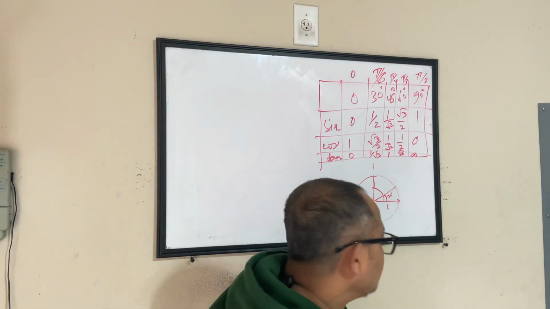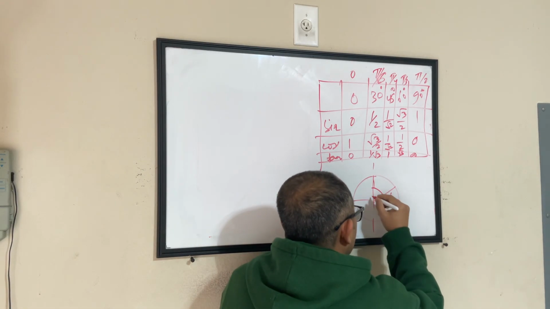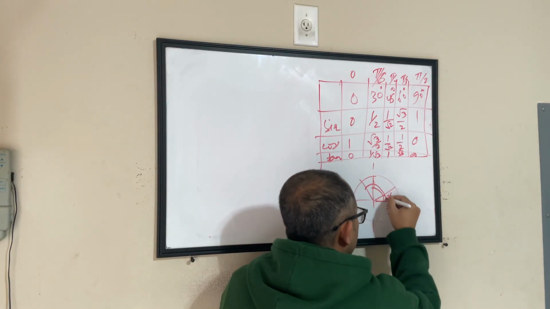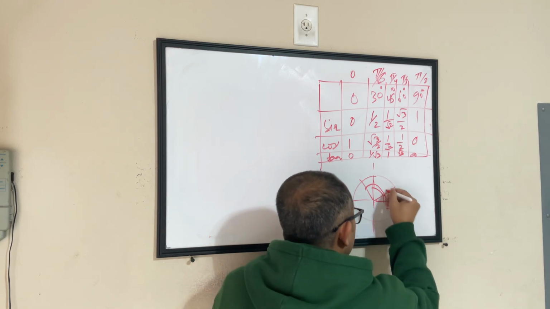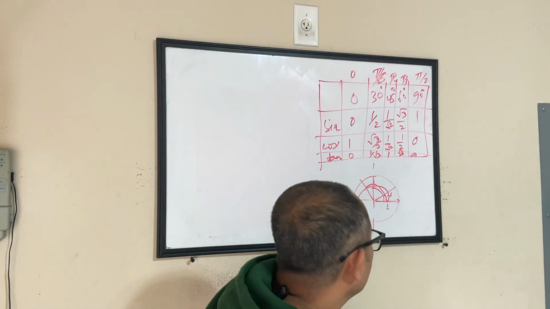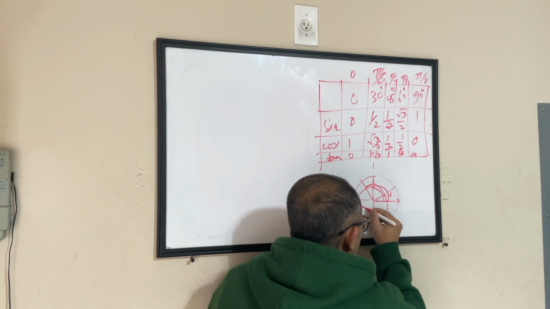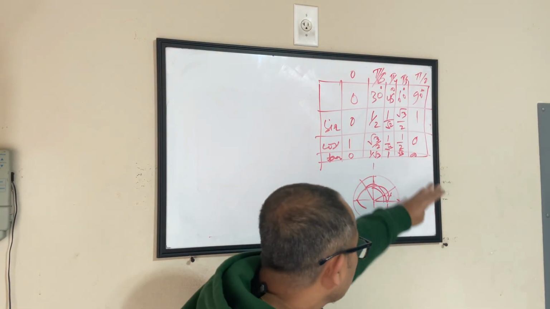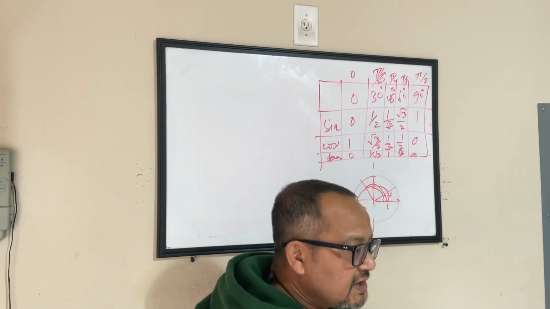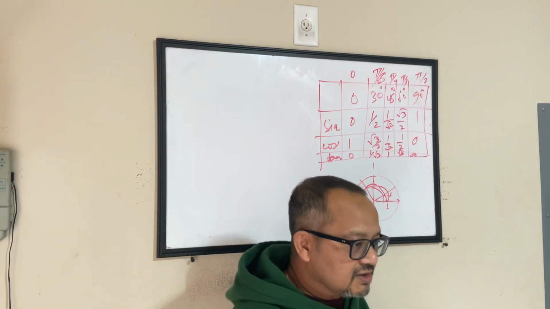If I am talking about 130 degrees, I am talking about 90 plus 40, this angle. If I am talking about 180, I am talking about here to here. If I am talking about anything more than that, I am going into the third and fourth quadrant. This part is okay, right? So it's all about traversing across this circle.